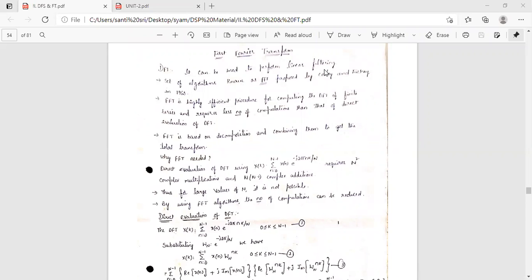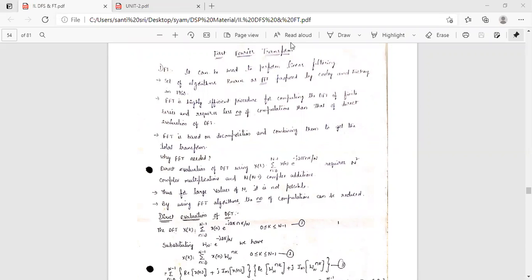So for large values of N, this is not possible. So by using the FFT algorithm, the number of computations can be reduced.